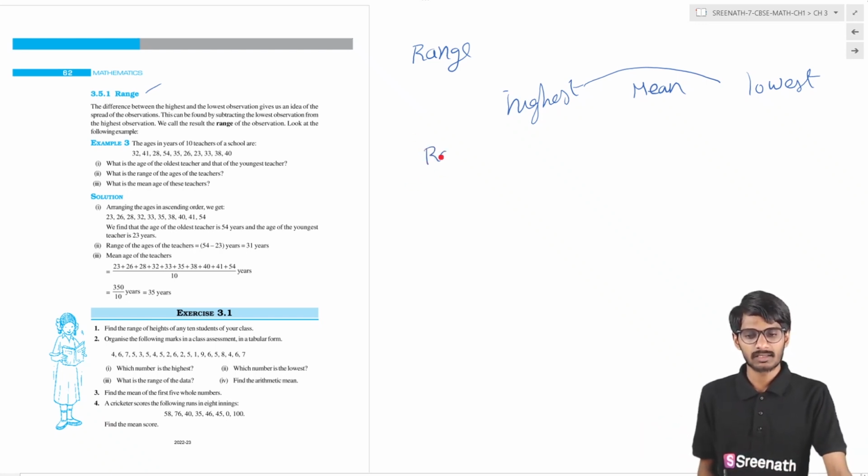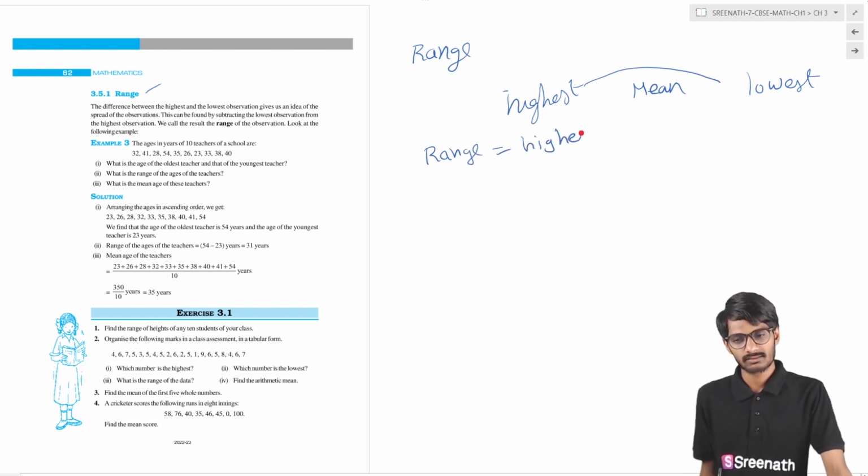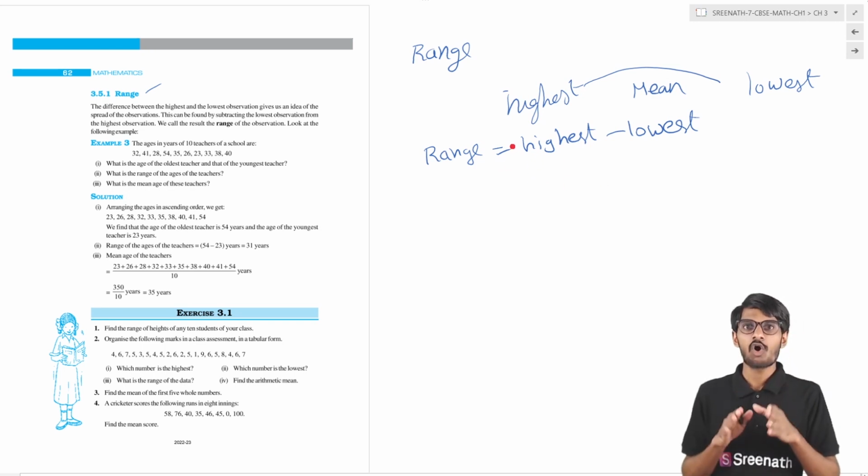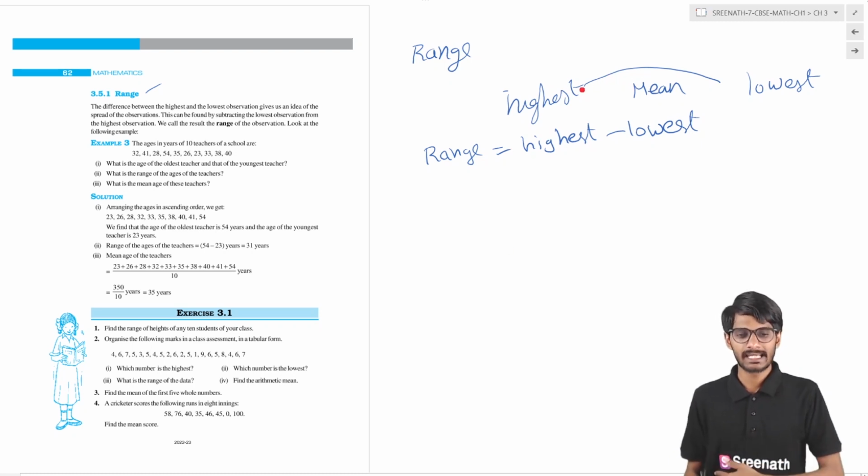So range is nothing but highest minus lowest, the difference between the highest and lowest values, students. By doing it, you will get how much the values have spread out around the mean.